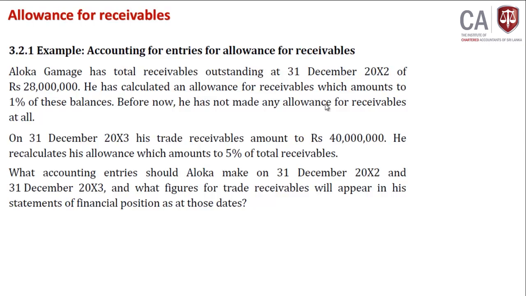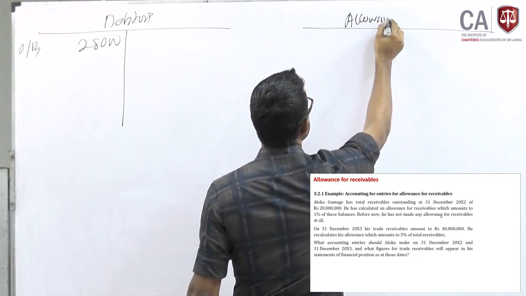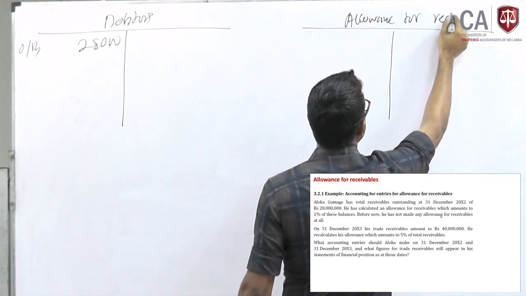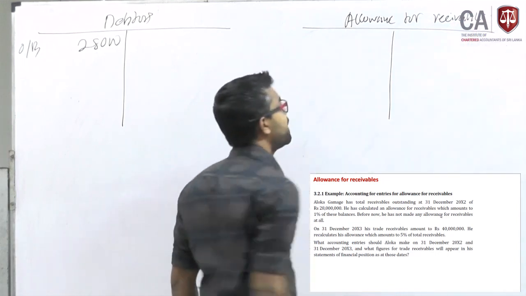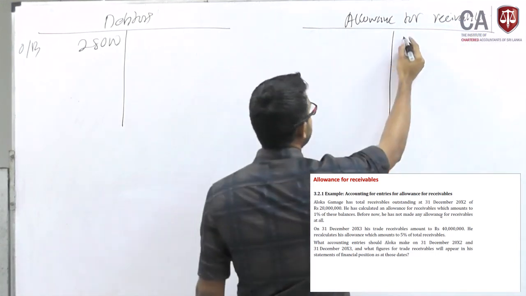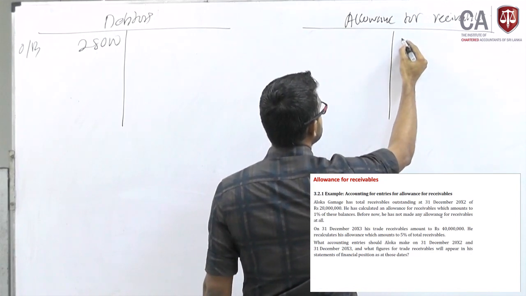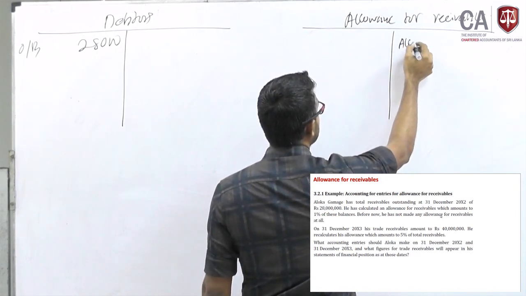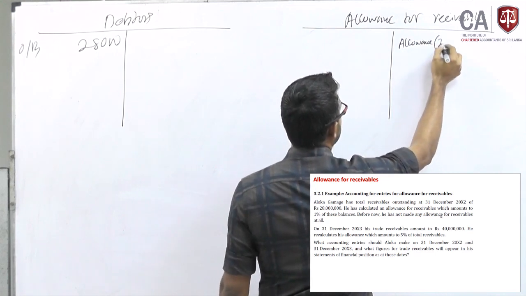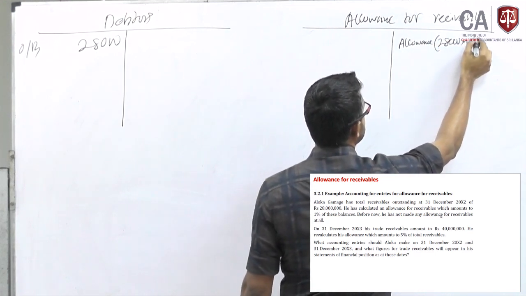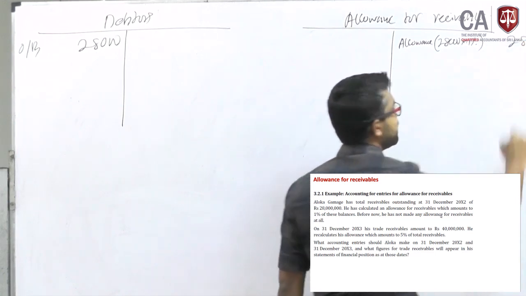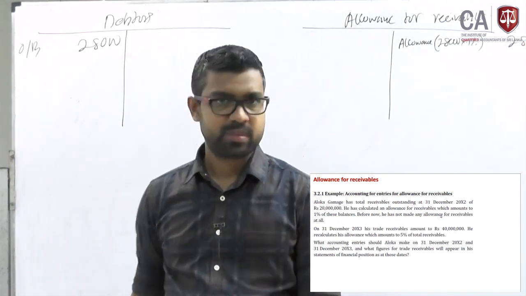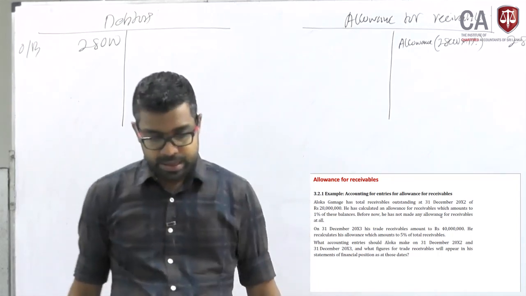At the end of this year, 1% is the loss allowance. Allowance for receivables is 1% of debtors, credit. 28,000 into 1% is 280. 28 into 1%.